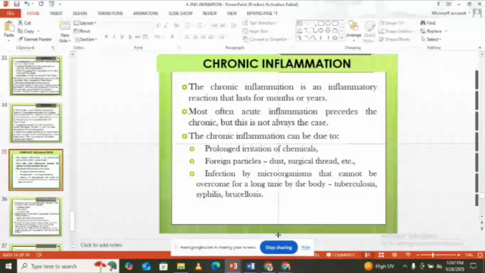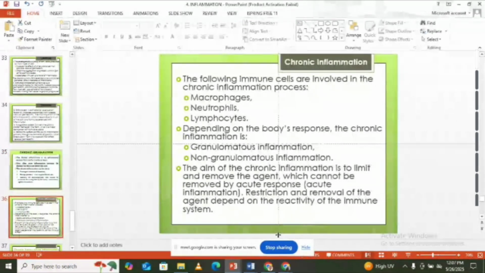Some of these autoimmune diseases, like in the case of rheumatoid arthritis, which are a bit prolonged, or chronic irritation, like in cases of ulcers or foreign bodies. Some of those causes of chronic inflammation.